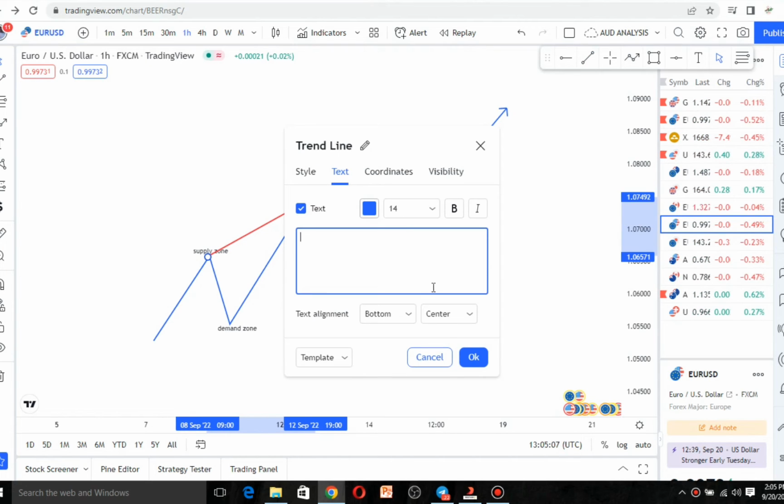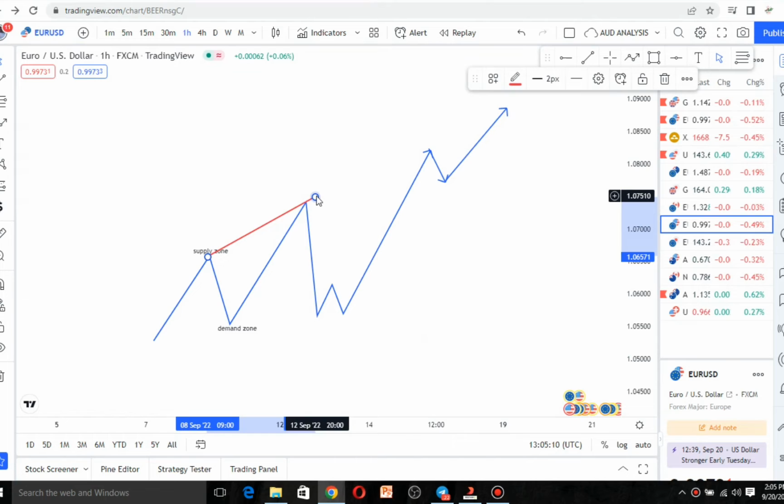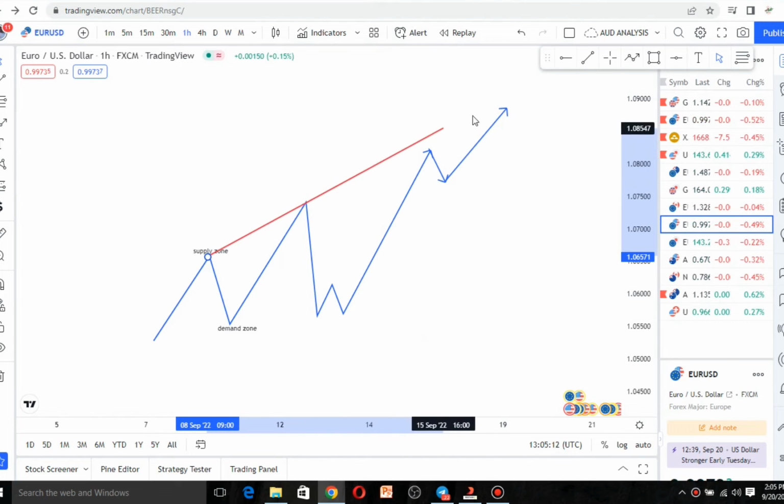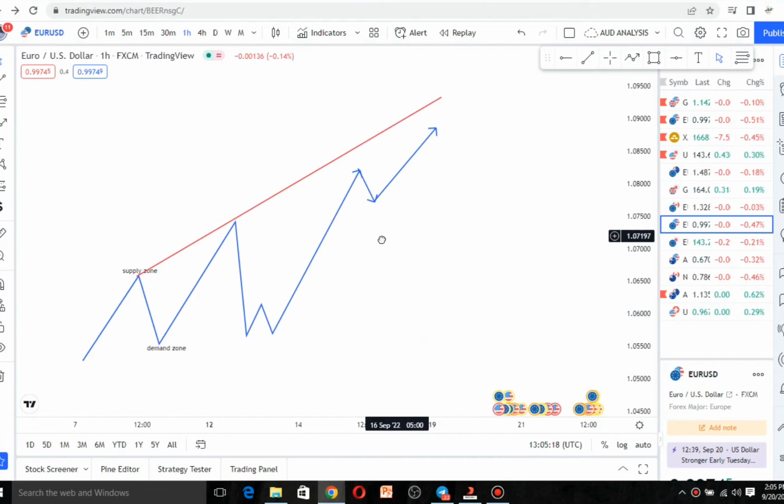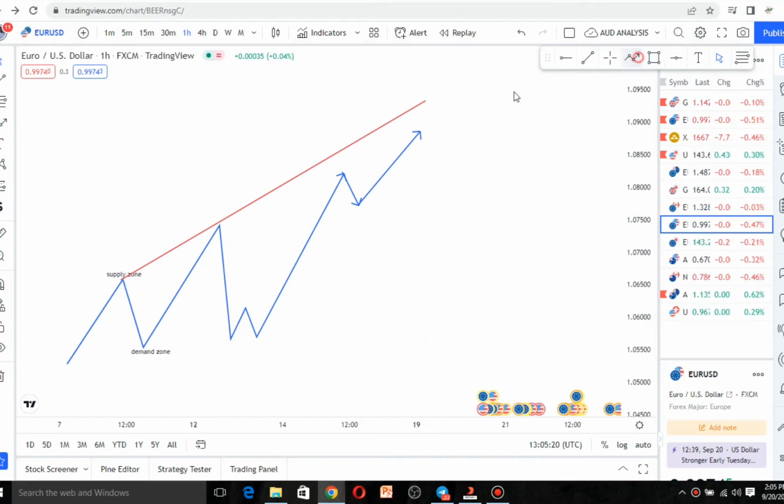If you eventually have more, you join it with the supply zone. So we are going to have this. If I push this up, the market must come down.